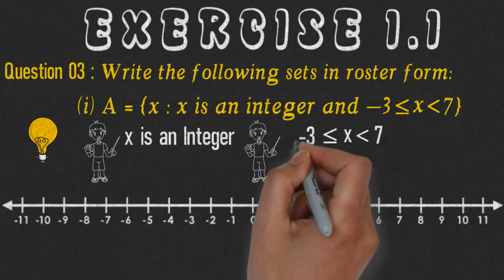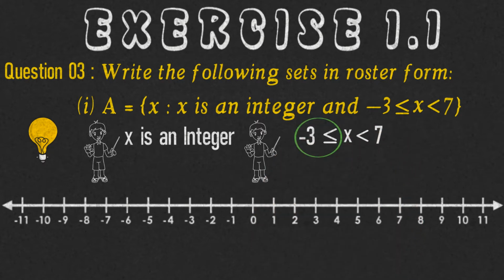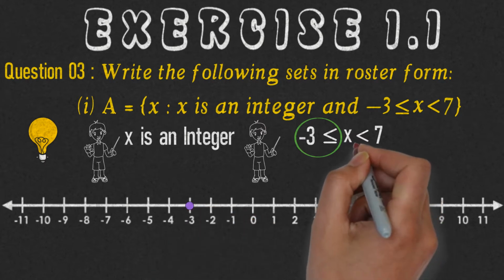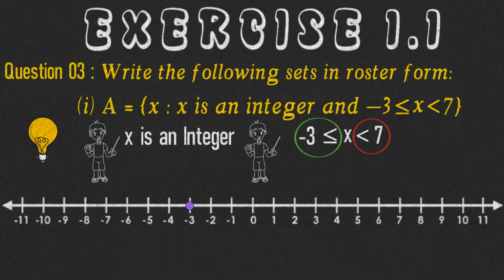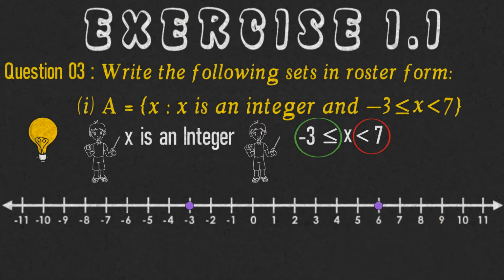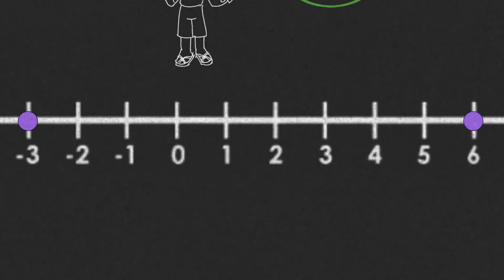As per the second condition, -3 is less than or equal to x. This means x can have the integer value -3 and above. So, let's mark -3. Also, it is said that x is less than 7. This means x cannot take 7, and the next integer less than 7 is 6. So let's mark 6. This means x can have all the values from -3 to 6.